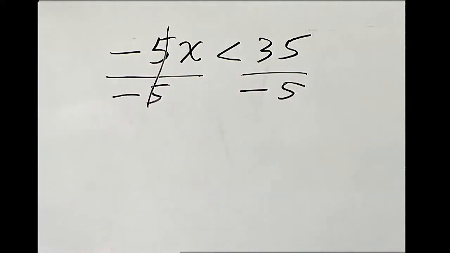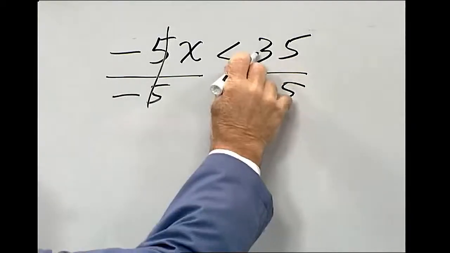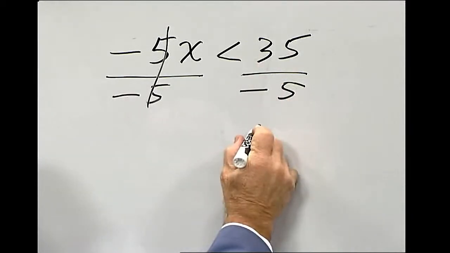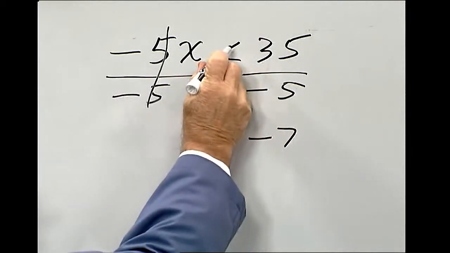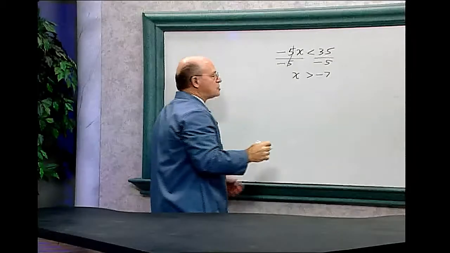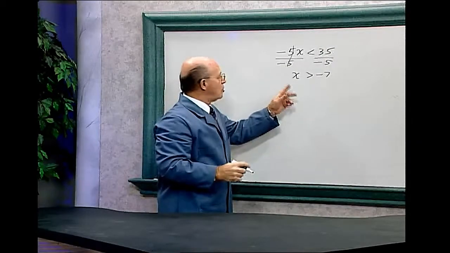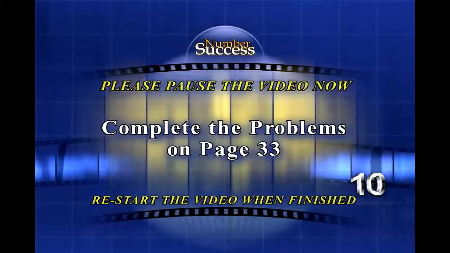That cancels this side out. So -5 divided into 35 becomes -7. And this less than becomes greater than. And so when you multiply or divide by a negative, don't forget to change the direction of the inequality.